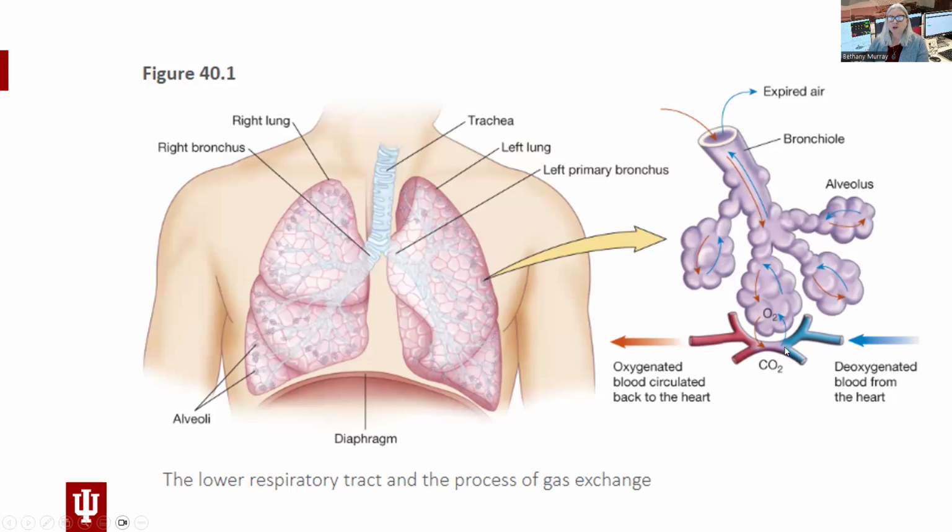So we're picking up oxygen and we're letting go of CO2. And then the blood becomes oxygenated and circulates back into the left side of the heart, where it gets pumped out to the brain, the heart itself, and the rest of the body. Okay, so that should all be basically reviewed for you.